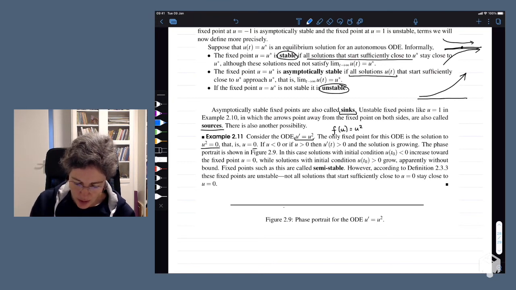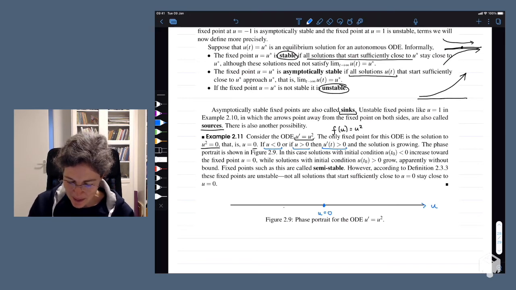So let's go ahead and plot that here. So this is u is equal to 0. This is our u increasing. And you can check for yourself if u is less than 0 or if it's greater than 0, then our derivative is always greater than 0. And you know this because you know what the graph of u squared looks like.